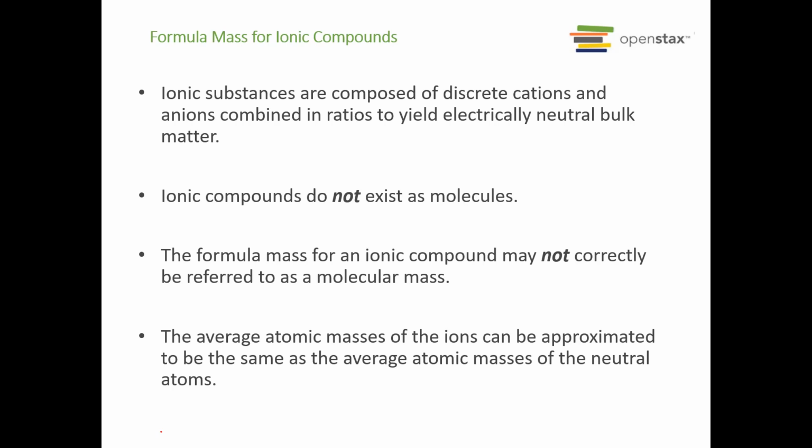Because of that, we can't really call the formula mass for an ionic compound the molecular mass. Sometimes you will hear things referred to as molecular mass, but if it's an ionic compound, that's technically not correct. Technically, it's formula mass for ionic compounds.